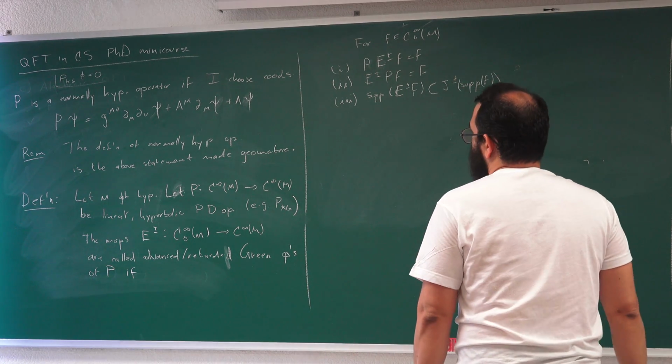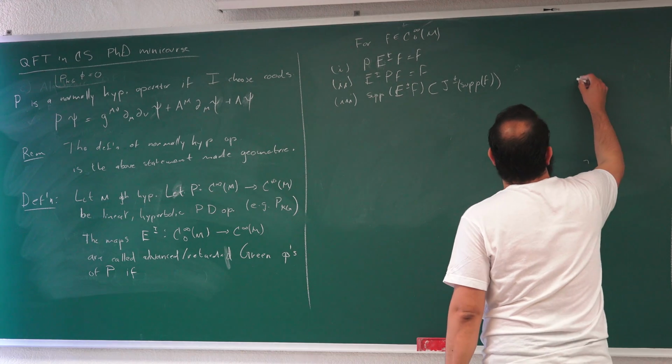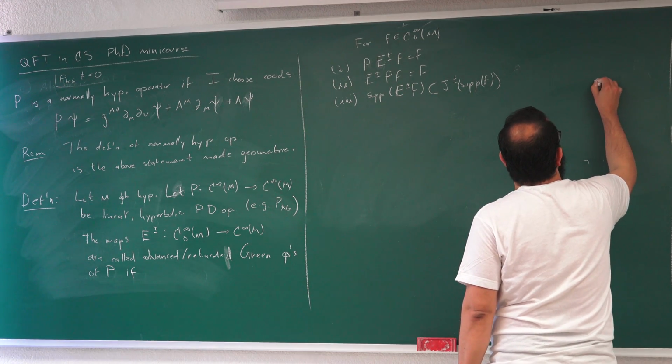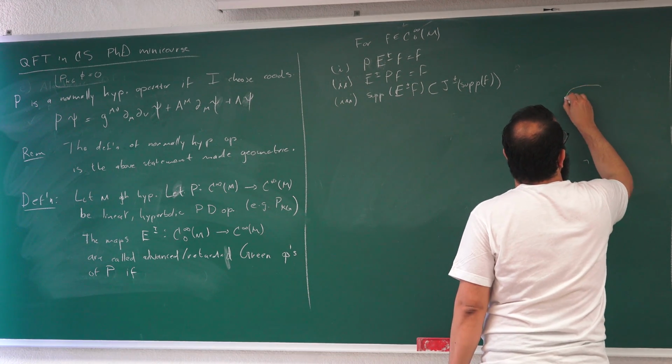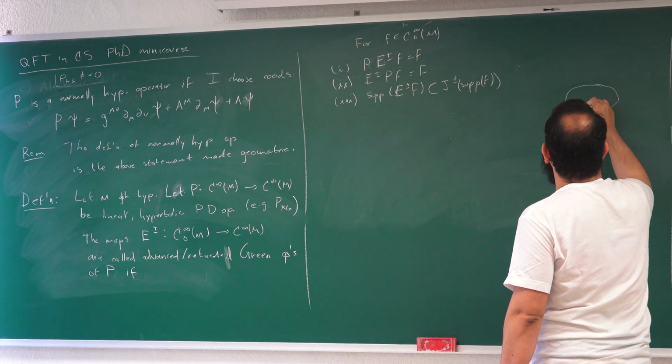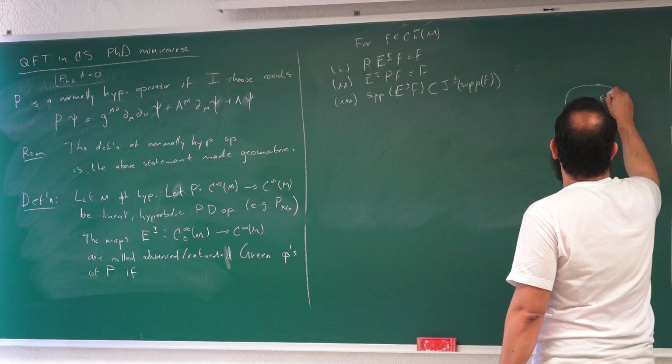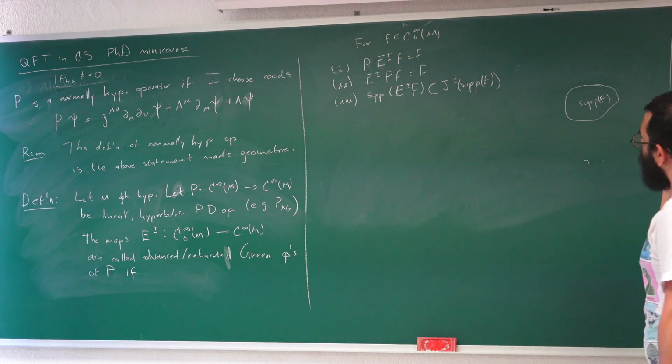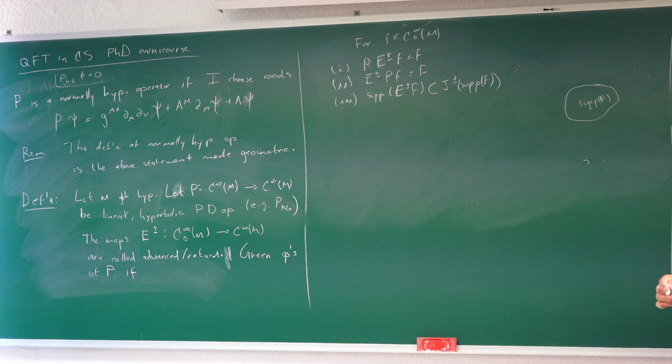Okay, so what does it mean in some picture? It means that I have some space-time where I have some function F which is supported here. So it has compact support, it's supported in the compact region of the manifold.